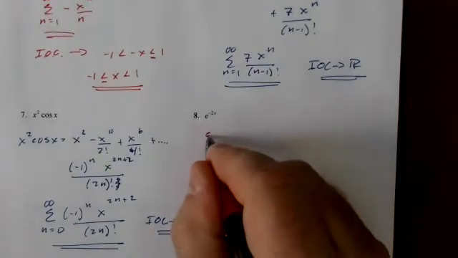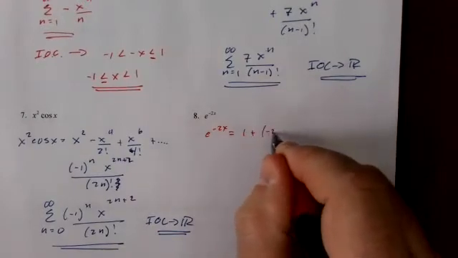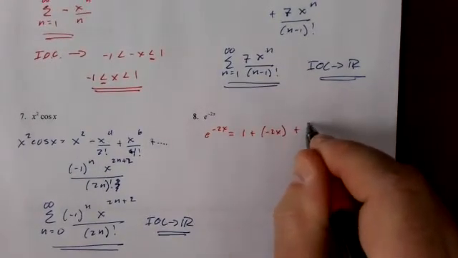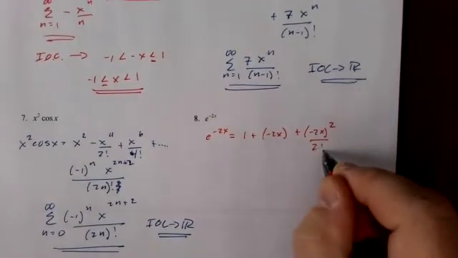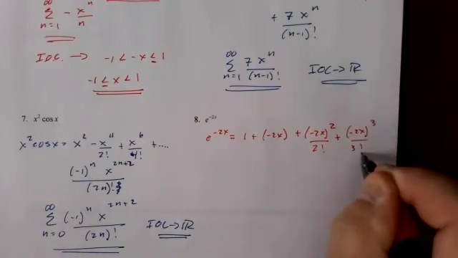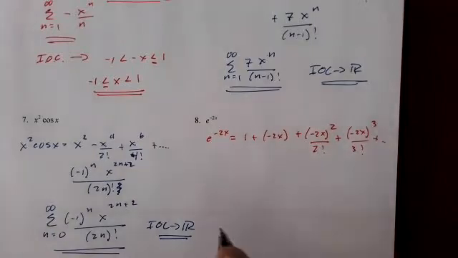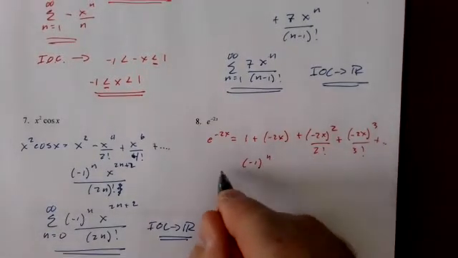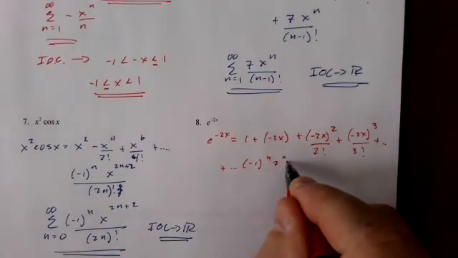So e to the negative 2x equals 1 plus negative 2x plus negative 2x squared over 2 factorial plus negative 2x to the third over 3 factorial, also known as negative 1 to the n, 2 to the n, x to the n over n factorial.